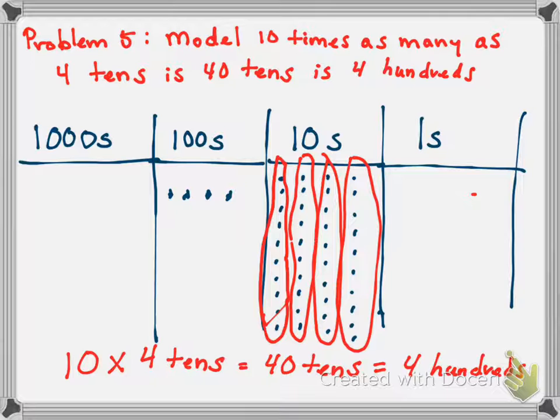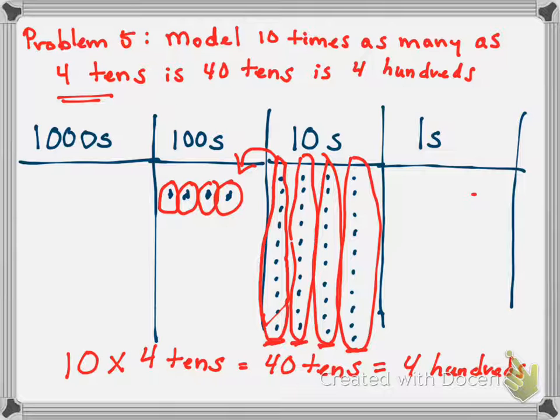We see 4 10s. 4 10s is really equal to 40 10s. 10, 20, 30, 40. We count by 10s. But 40 10s is equal to 4 hundredths. 1, 2, 3, 4. 4 hundredths.